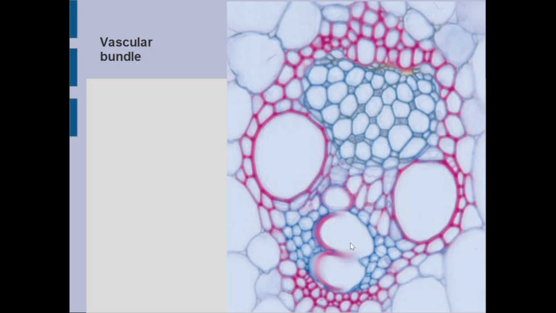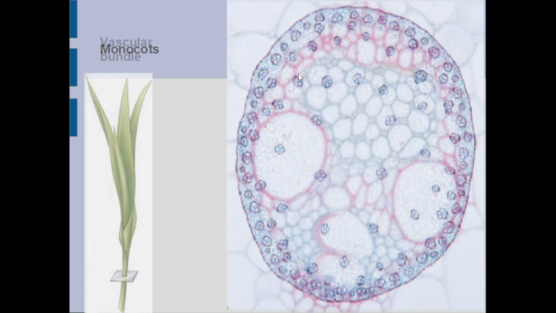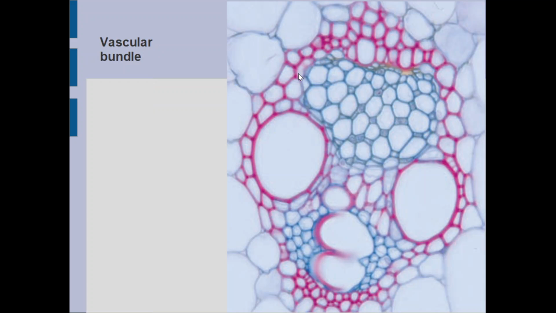The airspace here is the place where the xylem elements are formed. And white is ground tissue. So this same, like around here, the white cells are the ground tissue.